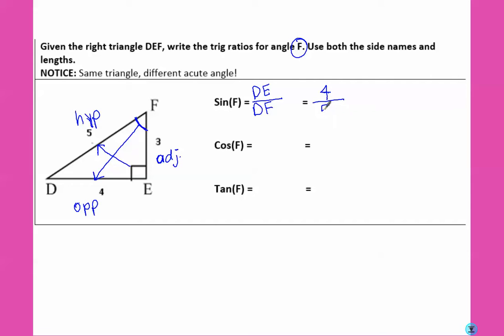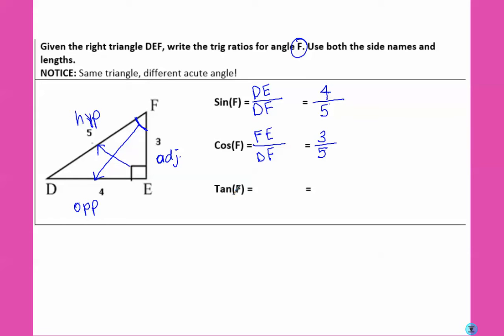DF has a length of 5. Cosine is adjacent, so FE over hypotenuse, which is DF. FE has a measure of 3. DF has a measure of 5.